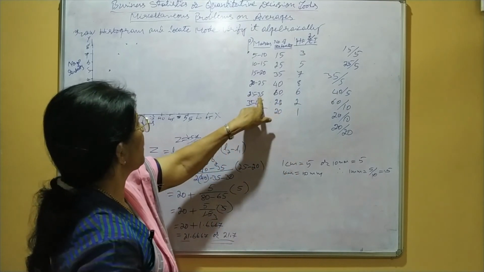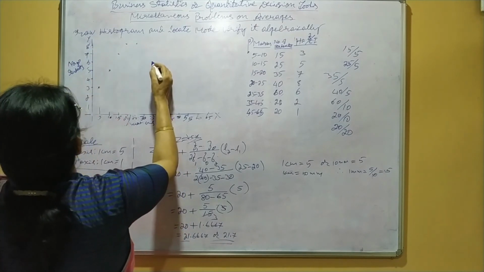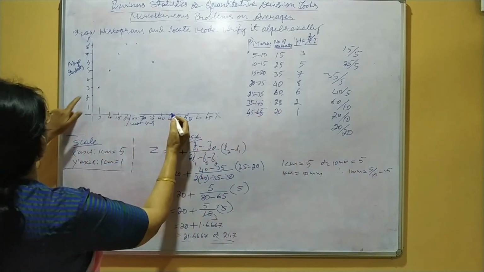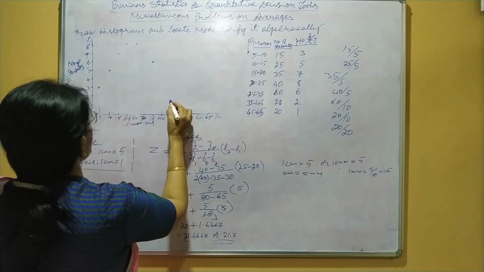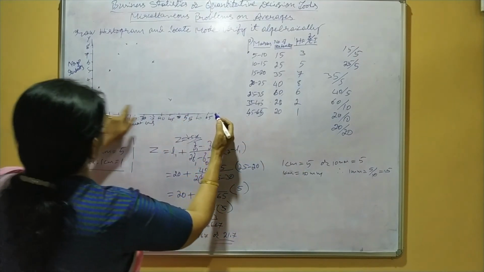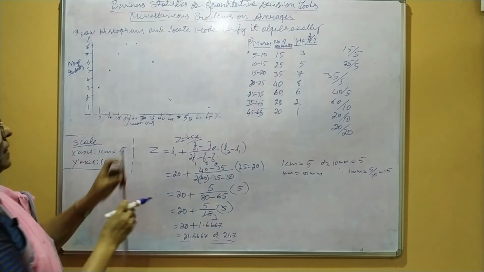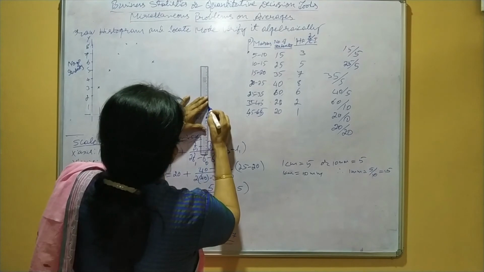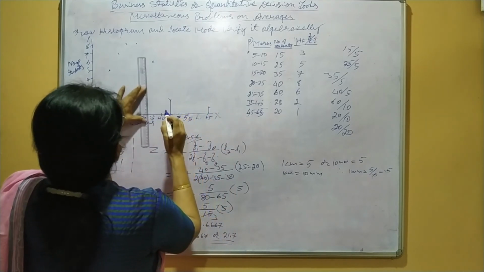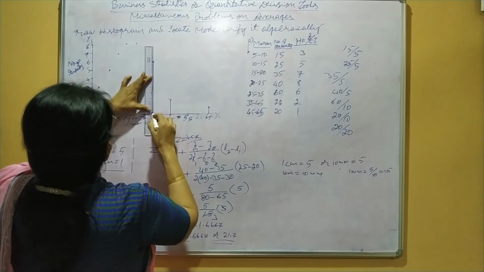6 corresponding to upper limit 35. 2 corresponding to 45. 1 corresponding to 65. Now draw straight lines perpendicular to x-axis.